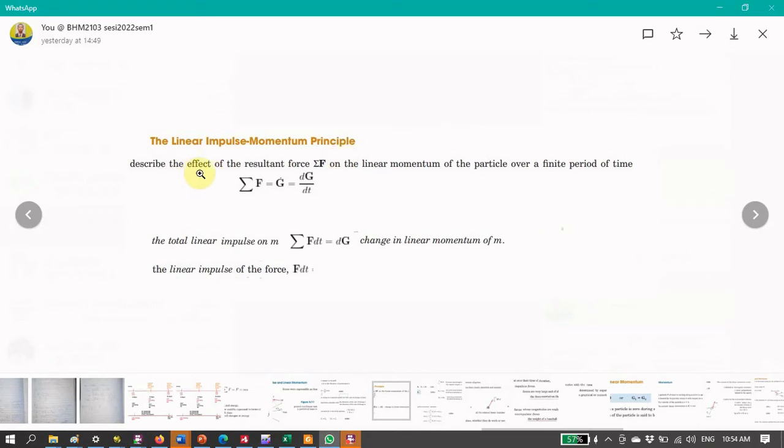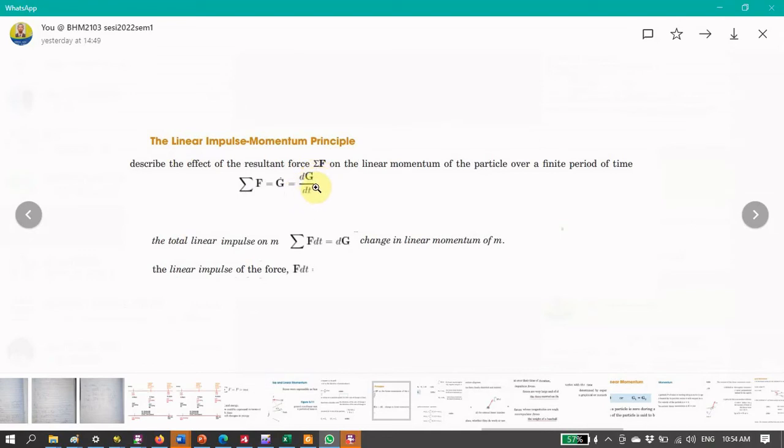We have the equation of motion just now, Newton's second law of motion, described in terms of linear momentum, and this linear momentum is only a function of time, right?